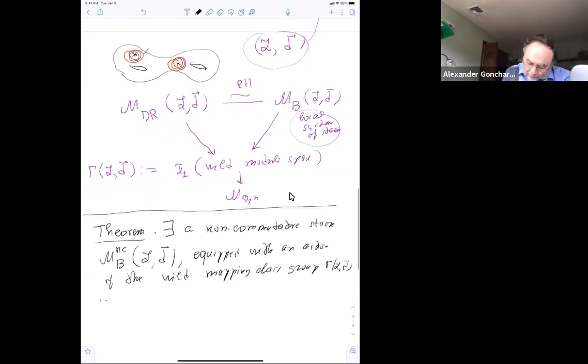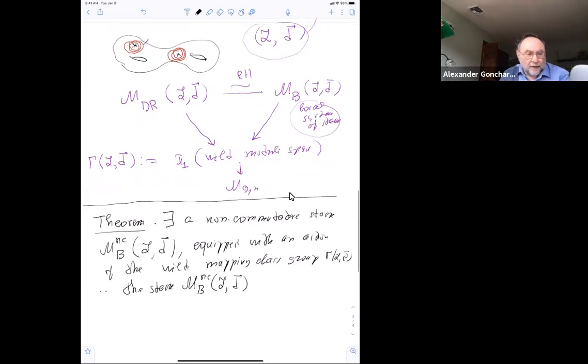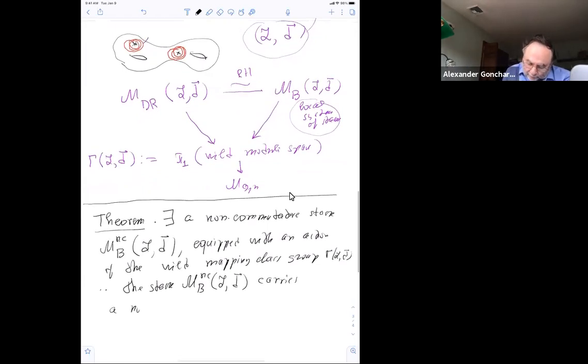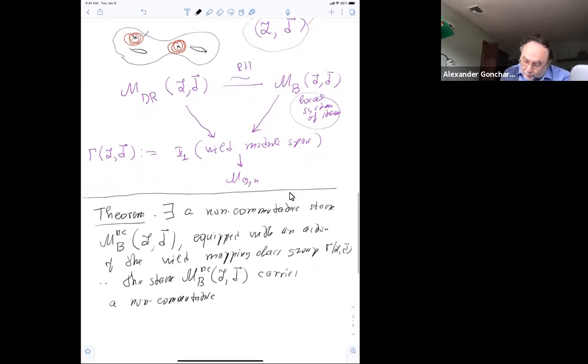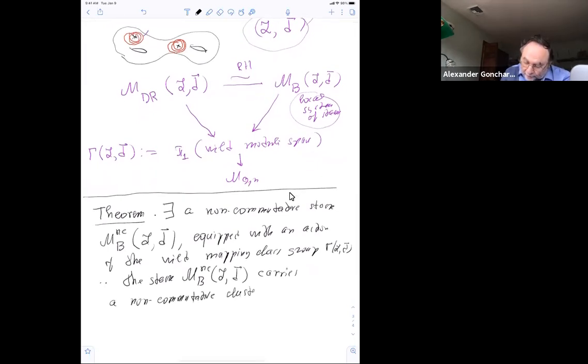For example, the stack of Stokes data. This is the non-commutative stack of Stokes data I was referring to in the title. It carries a non-commutative cluster Poisson structure. So I have to define what this means.